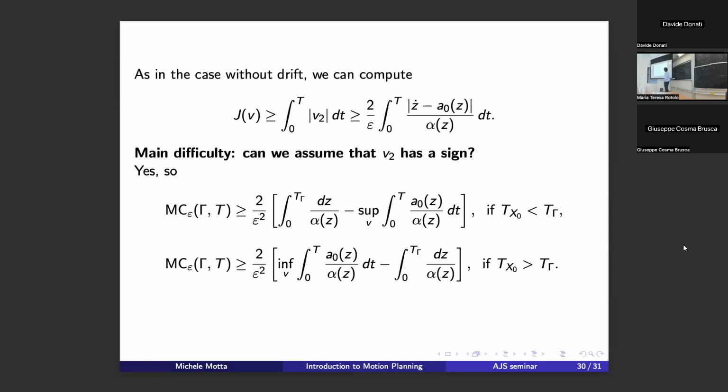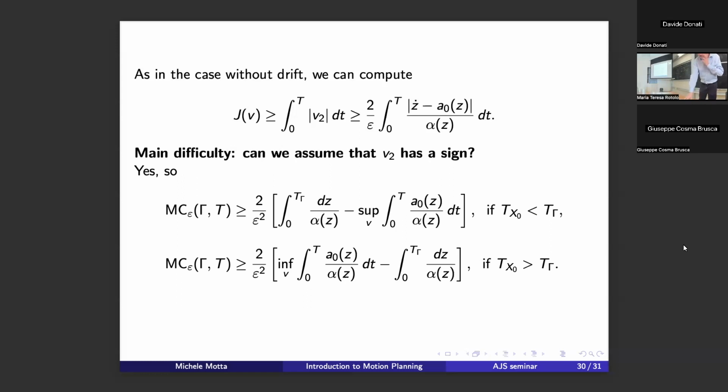If instead the drift is too strong, this quantity here is negative, so you reverse the signs, and you end up with this formula. And these two are the constants that were in the statement of the theorem.